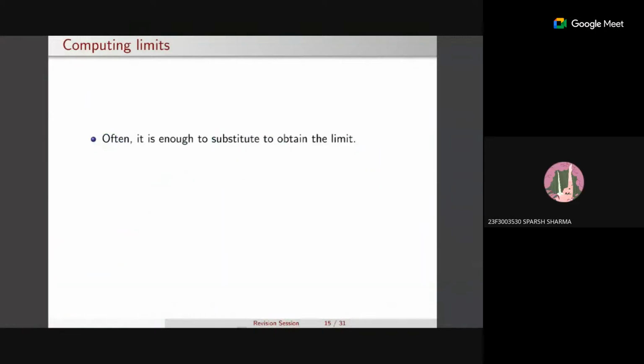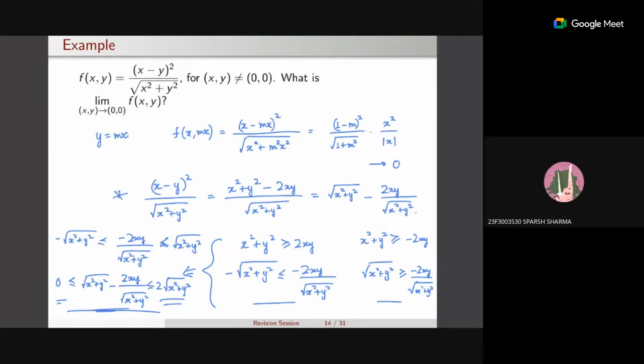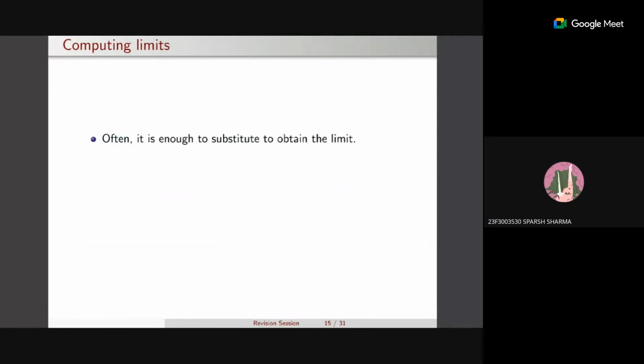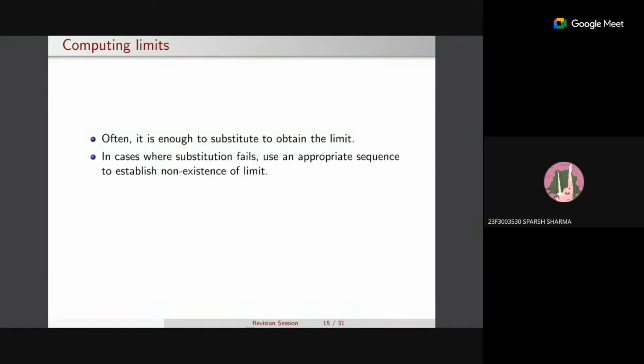Excuse me, sir. Could you briefly tell us the general steps that we could take to approach these types of questions? Yeah, this is probably what I'm discussing next. First of all, substitution. If substitution gives you an answer, then that is the limit.